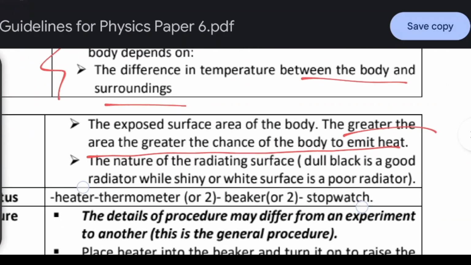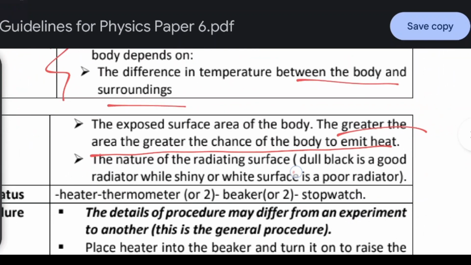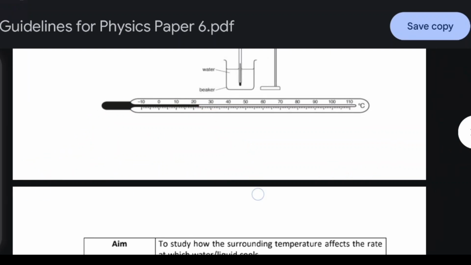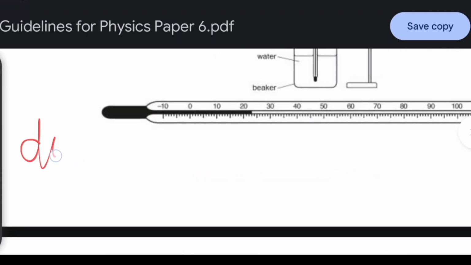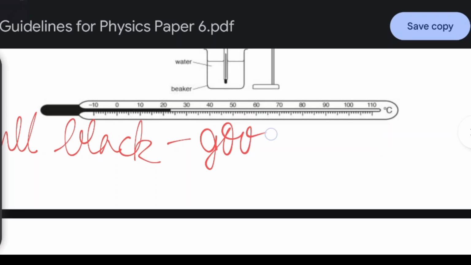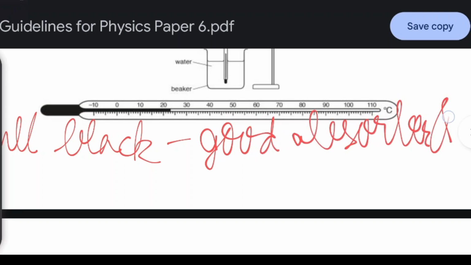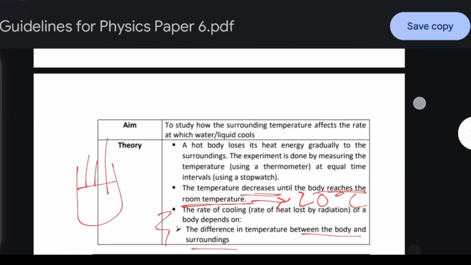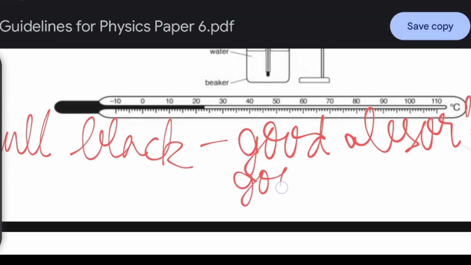And the nature of the radiating surface is also very important. Dull black, remember this. I'll write it here. Dull black is a good absorber, and it is a good radiator or emitter of heat.